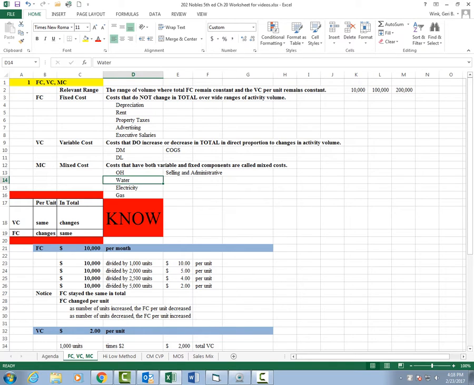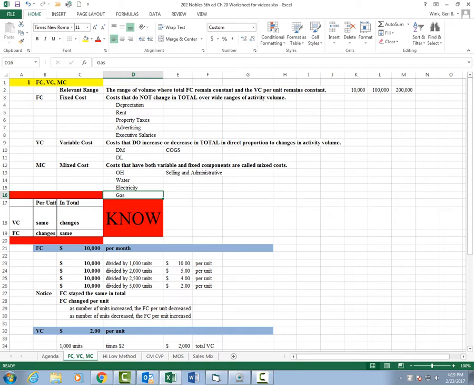If you look at your water bill at home, possibly it has a base amount that you pay just to have the service available, and then you pay so much per gallon of the water that you use. Same thing for electricity, natural gas, or propane.